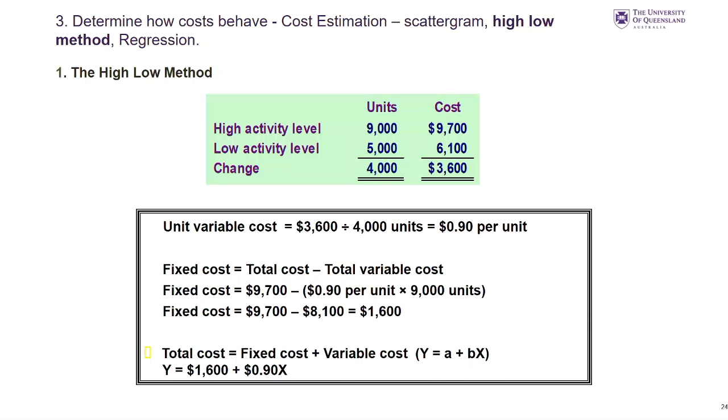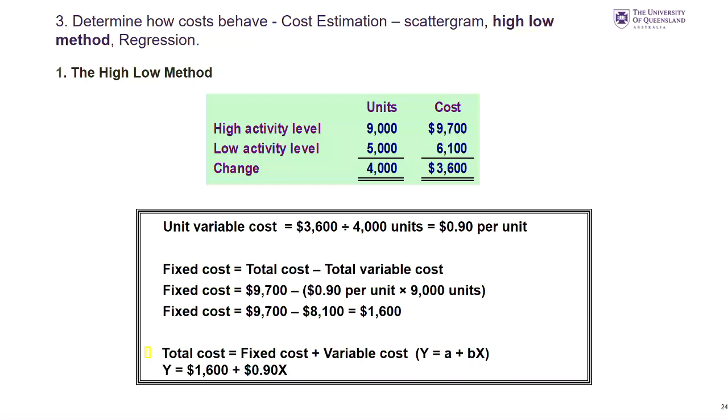This is where our mixed cost, the line, crosses our y-axis. All good? Great. So we can express our linear cost estimation model as y equals 1600 plus 0.9x.